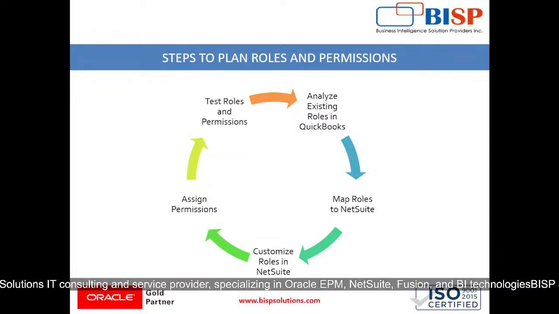Then after analyzing we come to mapping roles to NetSuite. So there we will be determining equivalent roles in NetSuite. For example, let's suppose QuickBooks admin is NetSuite administrator and QuickBooks accountant is NetSuite accountant role.